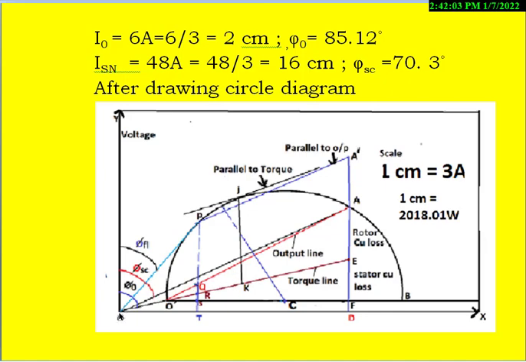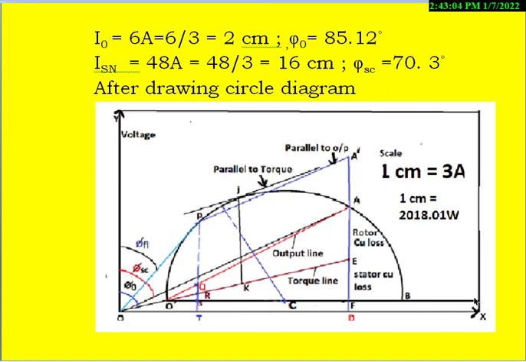So we have drawn the no load current vector I naught, that is O dash. Similarly, we have drawn ISN, that is OA, at an angle of phi SC. Now draw the line joining O dash and A like this. Now draw a horizontal line, parallel to OX, from O dash like this.